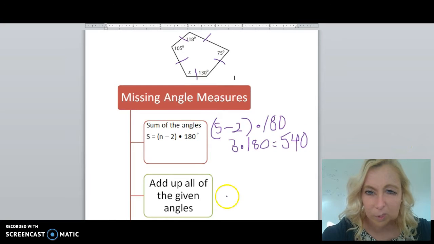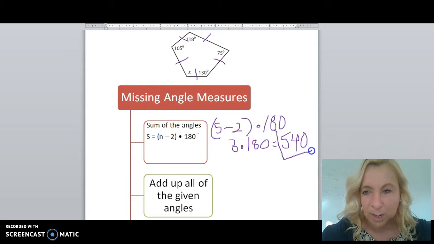The next step is I'm going to add up all of my given angles. I'm going to go up here and box this number since it's key.